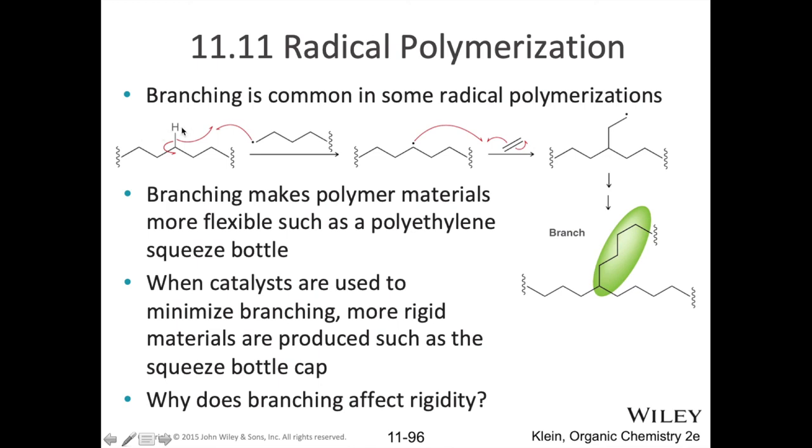So a radical can do a hydrogen abstraction and turn this into an alkyl radical. This radical can then go on and do its addition reaction, and that's where you get branched polymers. So branching is important. You can get all sorts of neat polymers that way, and that can change the properties of your polymer.